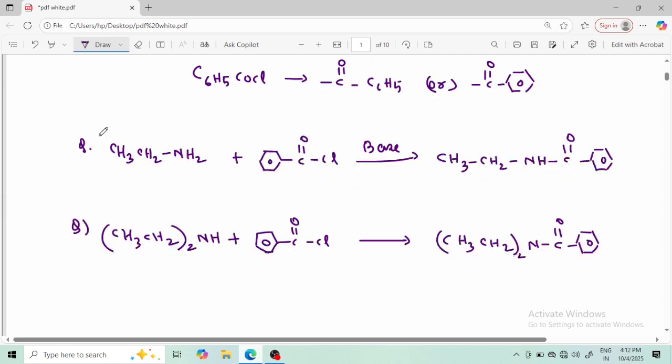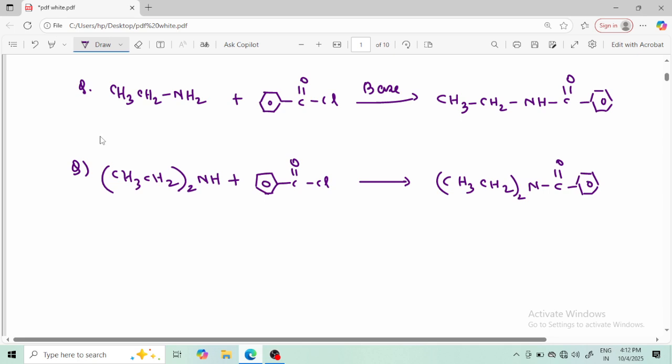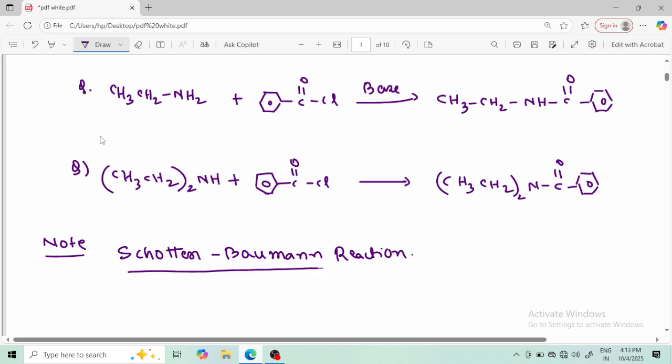Now here one important point about this benzoylation is that there is one thing called the Schotten-Baumann reaction.